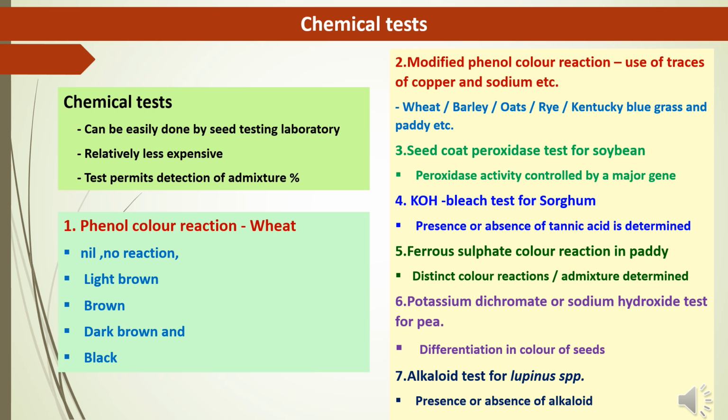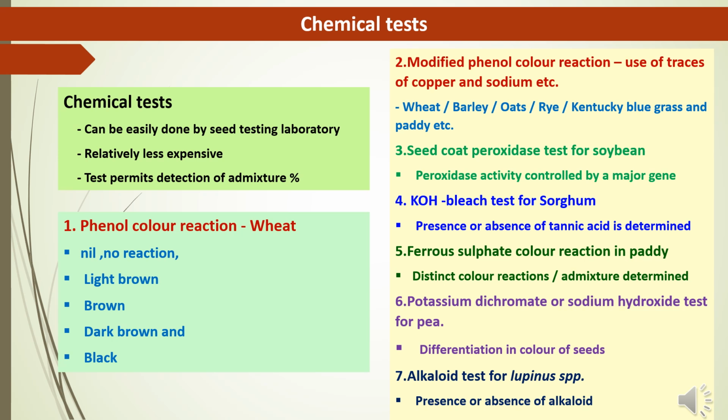The phenol color reaction has been used in purity determination in a number of crops like wheat, barley, oats, ryegrass, Kentucky bluegrass, and paddy, etc. The third test is the seed coat peroxidase test for soybean crop. The seed coat peroxidase activity in soybean is controlled by a major gene.